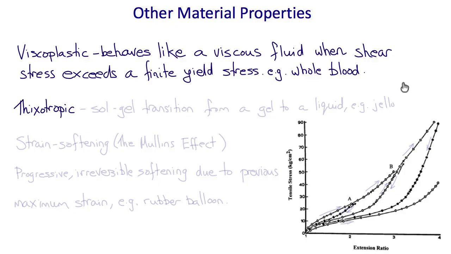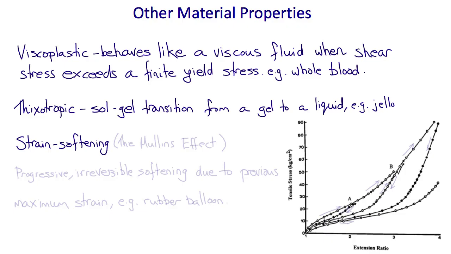A thixotropic material, like the cytoplasm inside cells, undergoes what's called a sol-gel transformation from a gel to a liquid, similar to Jell-O that's partially set, and then you stir it up and it becomes liquid again. Strain softening, or the Mullins effect, is a property that's common to many polymer materials, including many biological tissues.